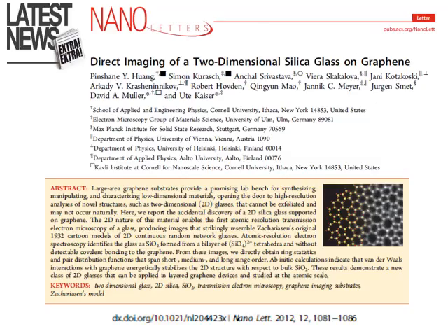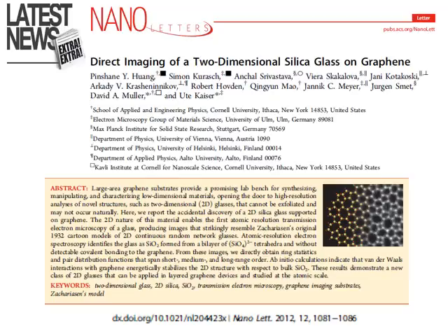Well, this paper was published in 2012 in Nano Letters. These authors took graphene as a lab bench and deposited a thin film of silica to obtain a 2D glass supported on graphene.